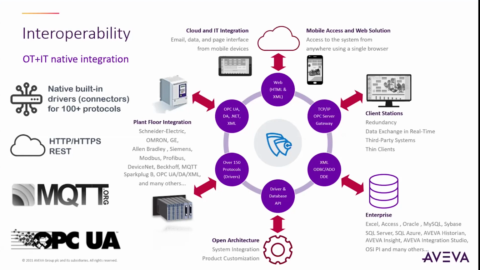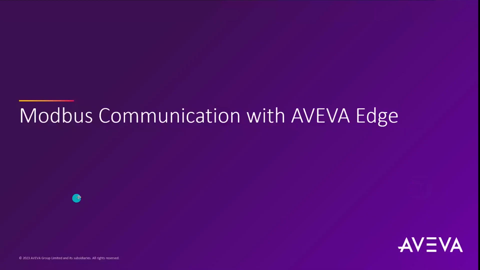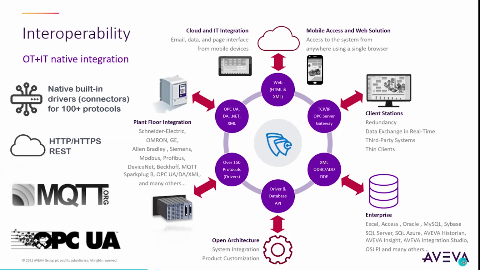On the lower right, we can also send data to a historian, whether that be the AVEVA historian or a SQL server or any SQL database or Pi or anything else. At the bottom here, we have some toolkits available as well. One thing I want to point out as part of this diagram is that all of the arrows are bidirectional. This means that we can get data from anywhere and send the data anywhere.